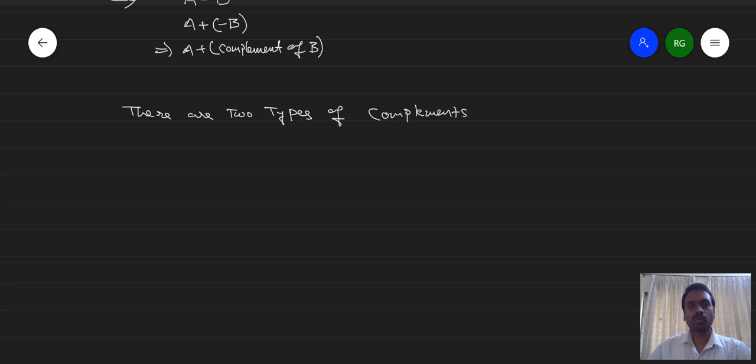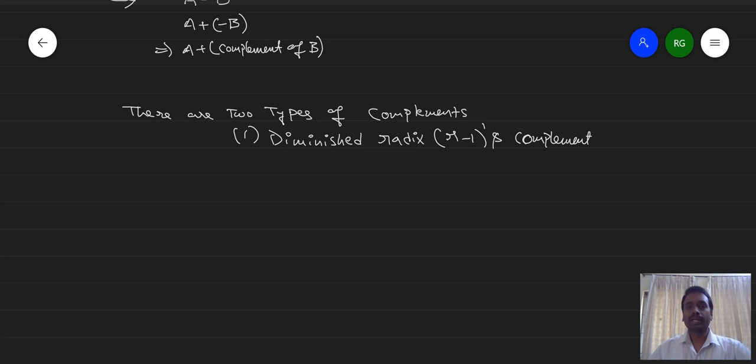One is called the diminished radix complement, also simply known as the R minus 1's complement.